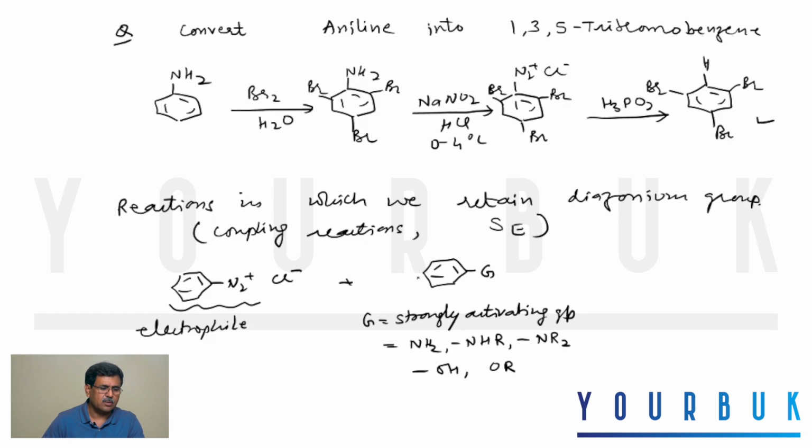Now all these groups are ortho-para directing, but for this bulky electrophile to attack, the para position is more favorable. So we remove H from the para position, and it gives azo compounds in which we retain the diazonium group, and these are called azo dyes. These reactions are called coupling reactions.